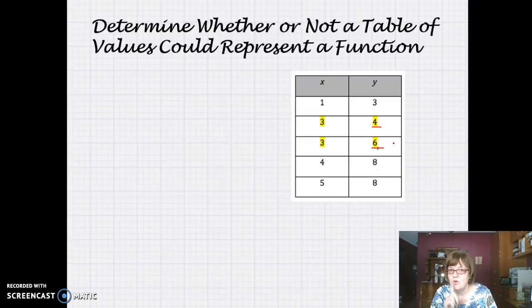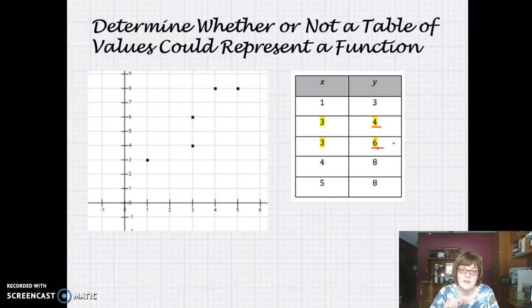But just so you know for sure, you visual people, let me show you our graph. There we go. All right, I've graphed all these values, and notice we've got right here. It's not a very straight line, is it? But the vertical line test is failed.